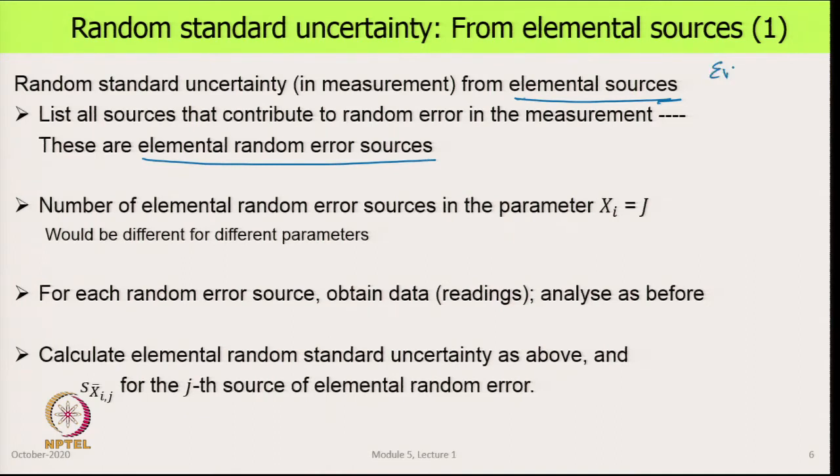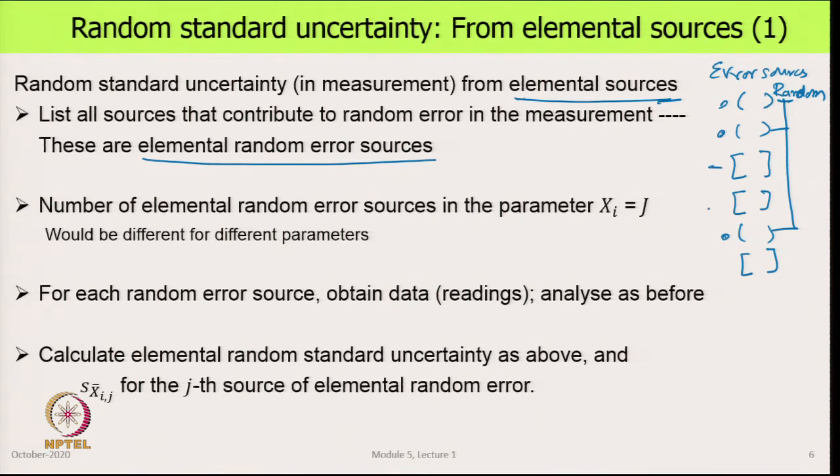So, you have error sources, and we say that these are various error sources, and we say that this, and this, they are based on data and they are random in nature. So, each one of these together they form a family which is the elemental random error source, or source of elemental random errors.